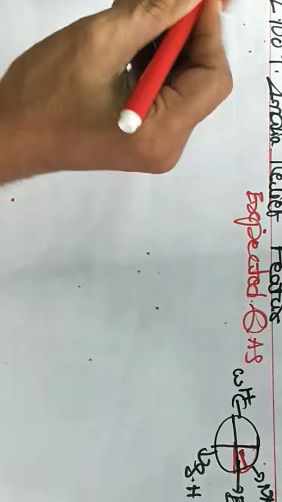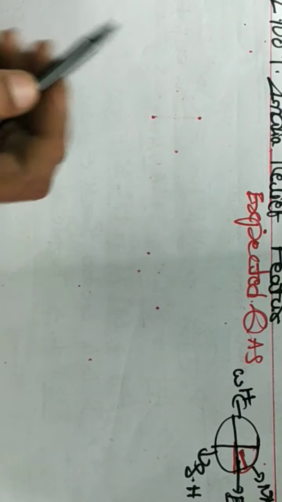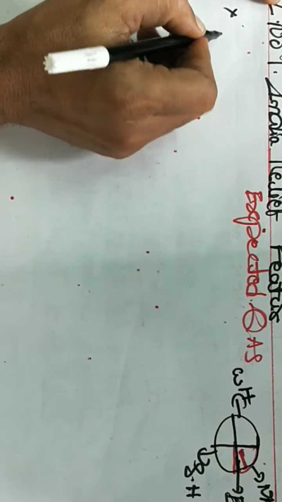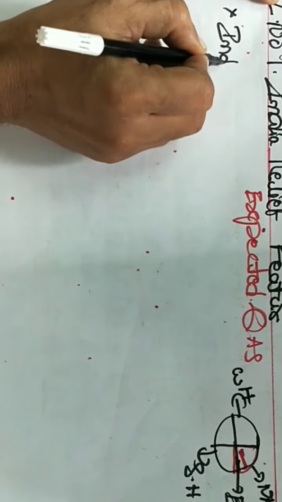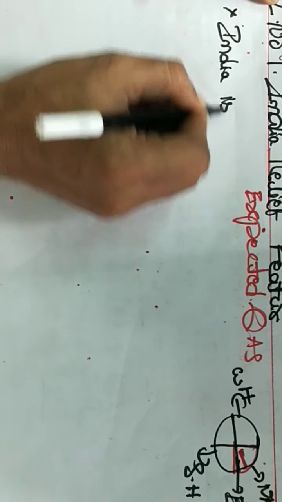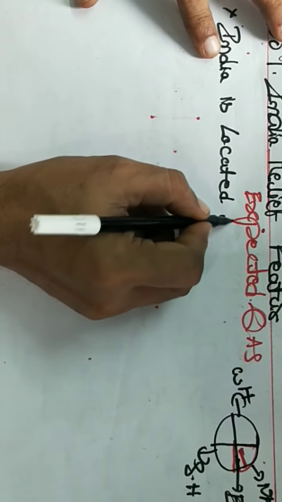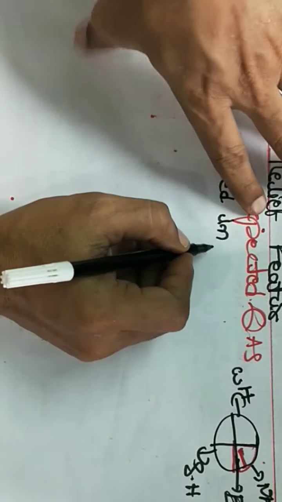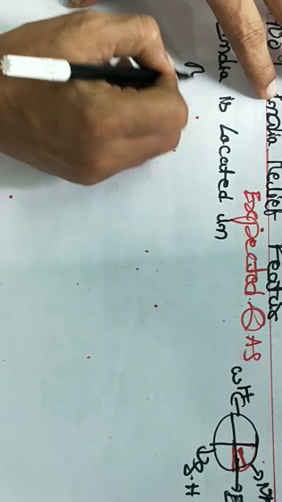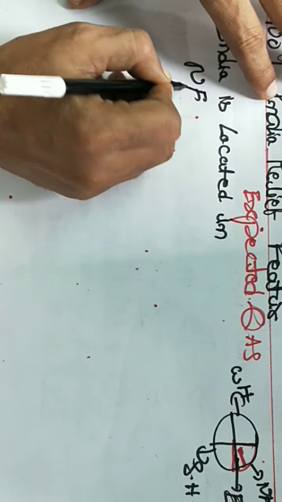Okay, to understand that, the first point in the answer: India is located in the northeastern hemisphere.